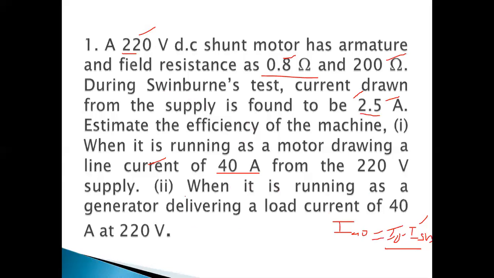Next, when it is running as a generator, delivering a load current of 40 amperes, here the Ia will be the addition of the no load current and the load current.